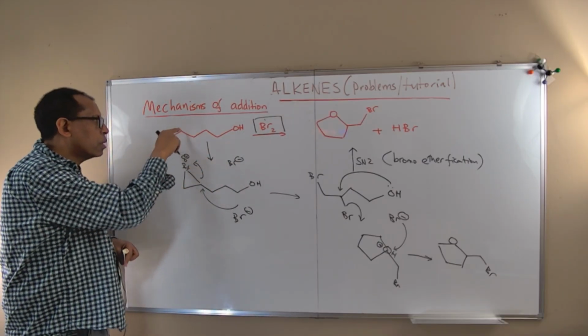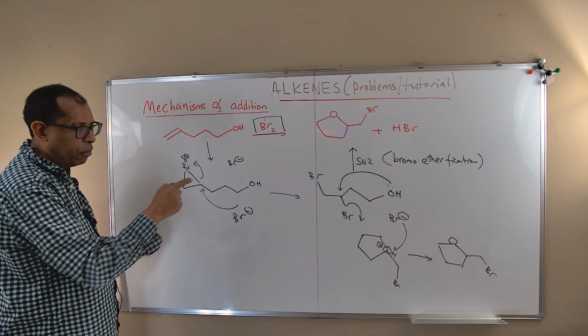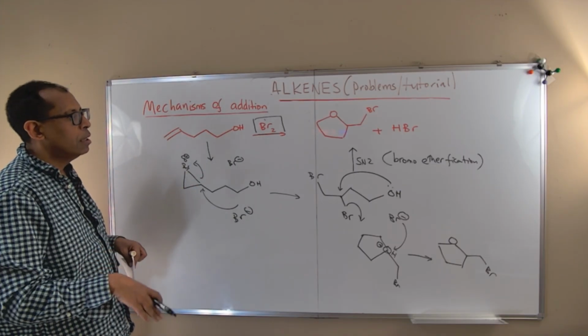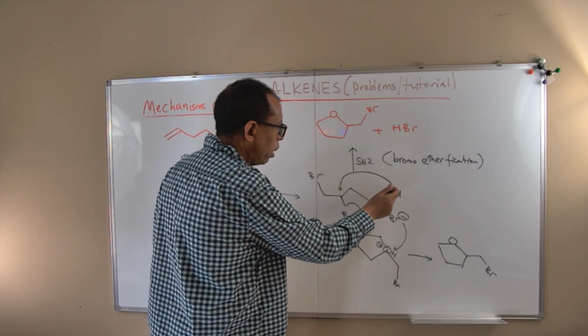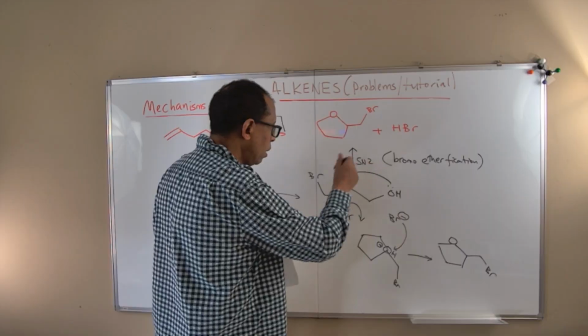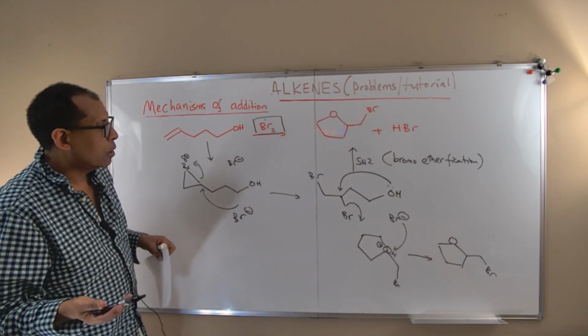You should remember that molecular bromine adds to the double bond and forms a dibromo compound. With the dibromo compound hanging around, the OH is in the molecule itself, so it can come and attack to form the ring. So it's a very reasonable mechanism.